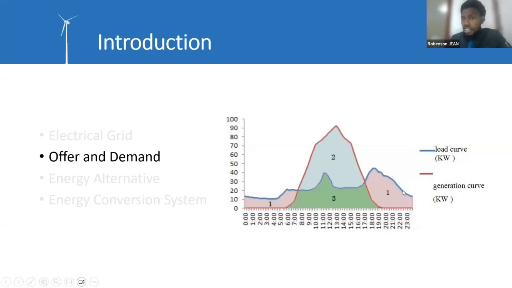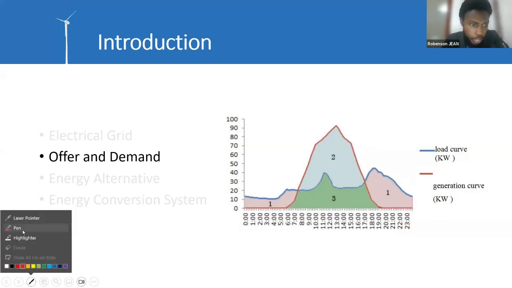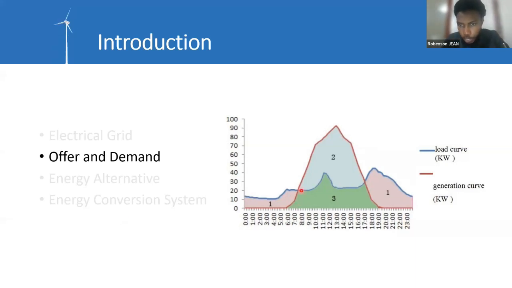Then at the end, it is the opposite. The only periods where the energy consumption is equal to the energy production are these two points. This point and this point.